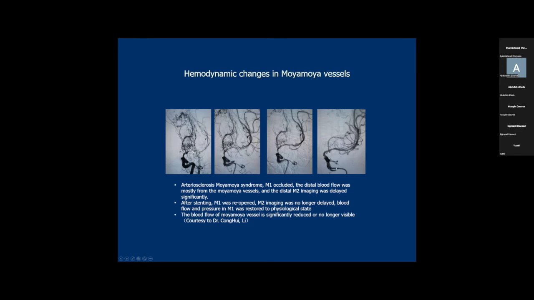One of my colleagues put a stent into the M1, and you can see after the recanalization of the M1, the Moyamoya vessels almost disappeared. And if you look backward from D, C, B, A, actually this is the formation procedure of Moyamoya.